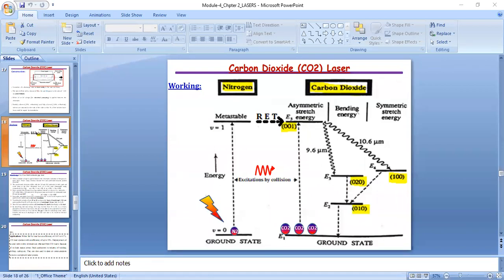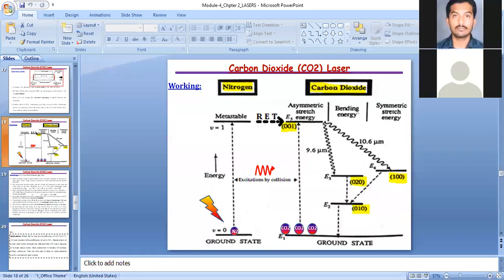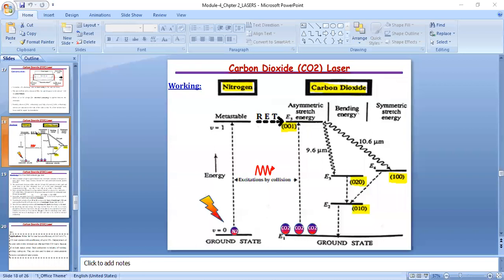But in p-type semiconductor, this Fermi level will be very close to the valence band. You can see this dotted line represents the Fermi level. In the p-type material, this Fermi level is very near to the valence band. Similarly, in the n-type material, the Fermi level is very near to the conduction band.